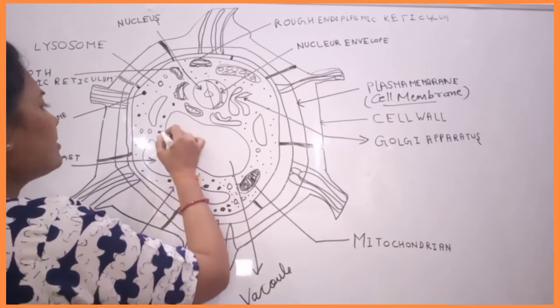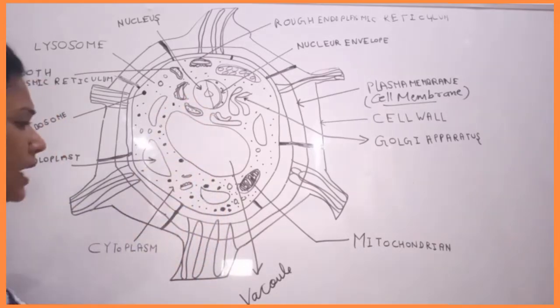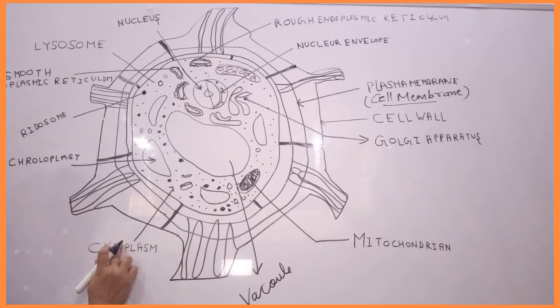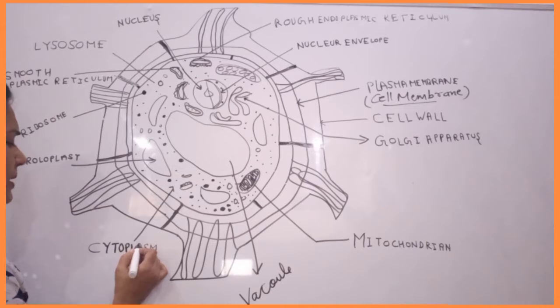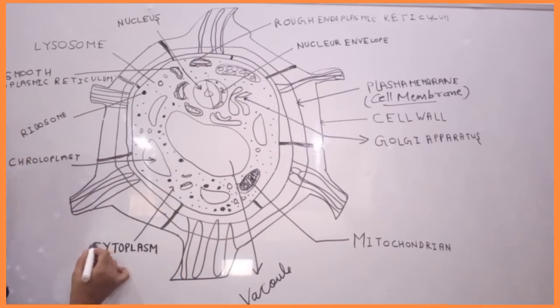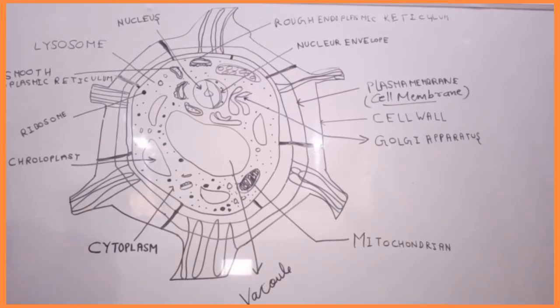In the cytoplasm the other organelles or structures are present. Got it? Many structures are present in it, and these structures are different in shape. These structures are known as cell organelles.